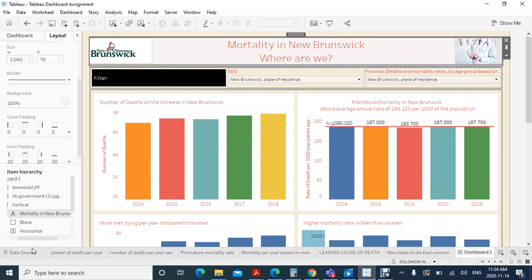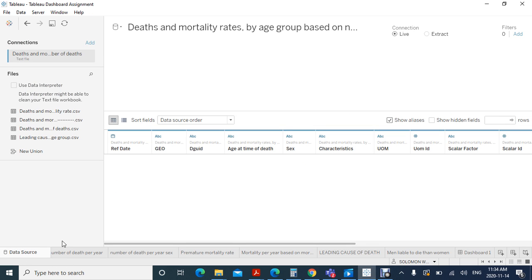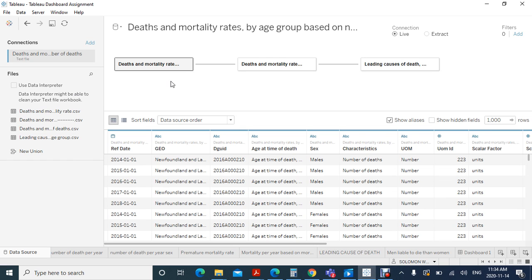So to start, I would like to introduce you all to the data source. The first data source I have here has to do with deaths and mortality rate, and this is based on the numbers of deaths in New Brunswick, and the other one has to do with death and mortality rate, but this is based on mortality rate, which is a ratio based on 1,000 per population of New Brunswick.